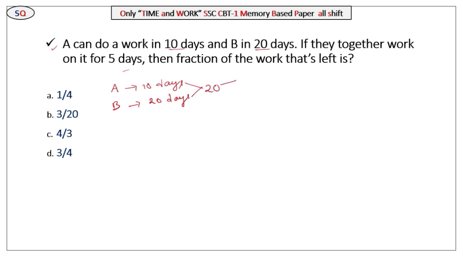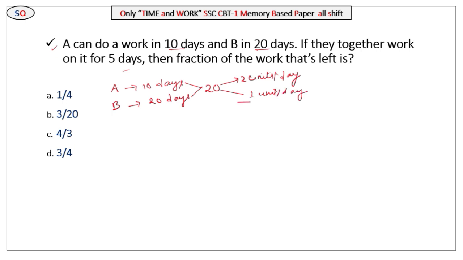Now A can do how many? 2 units per day, and B can do 1 unit per day.